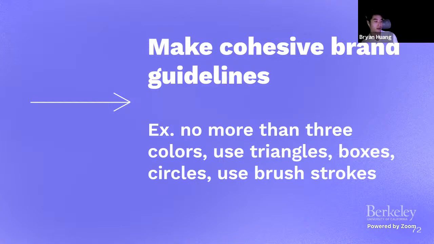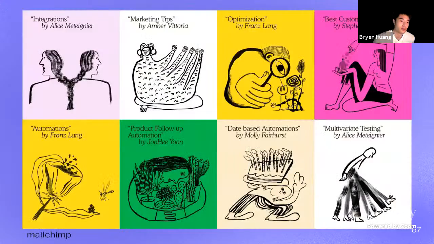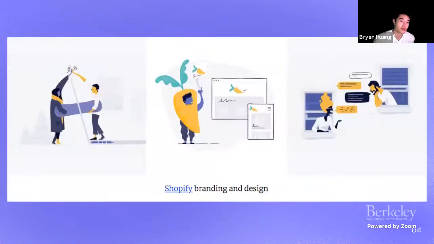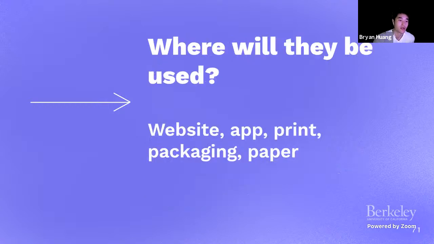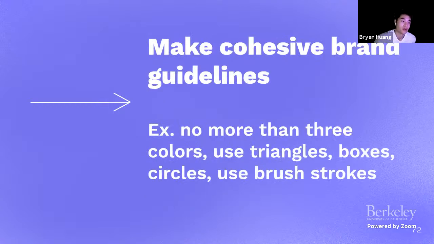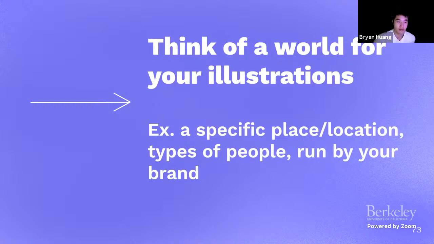Some examples to do that, not that you have to follow this at all: have a limited color palette, or slight variations of a main color palette that you've chosen, using rectangle boxes, sticking with one illustration style, like flat illustration. We've seen very textural line illustration, and we've seen flat illustration. There are a lot of ways you can do it, but they are all the same way, basically.